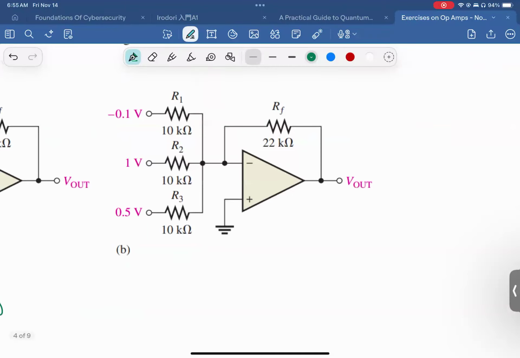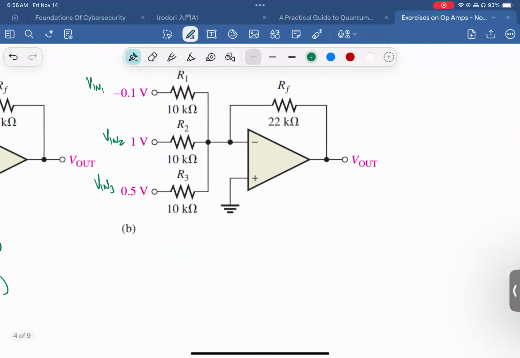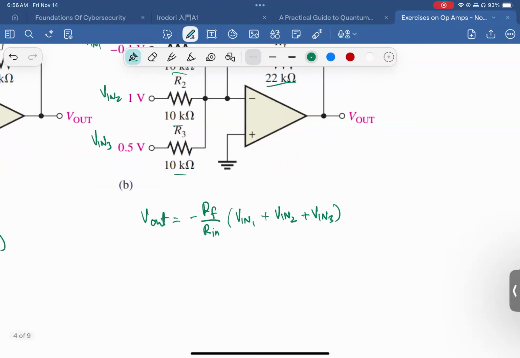Okay, now for this case, kung tatawagin natin itong V in 1, V in 2, tsaka V in 3, then ang magiging sagot dito, yung output voltage, ay equal sa, since hindi pareho yung feedback resistance at saka itong mga input resistances, so this will be equal to negative RF over R input times V in 1 plus V in 2 plus V in 3.